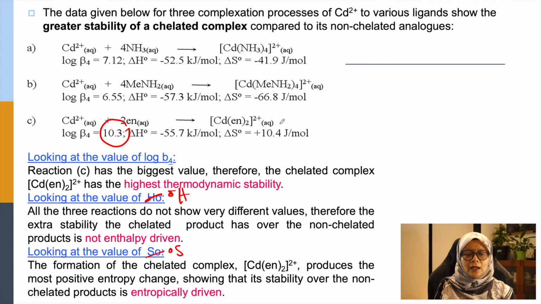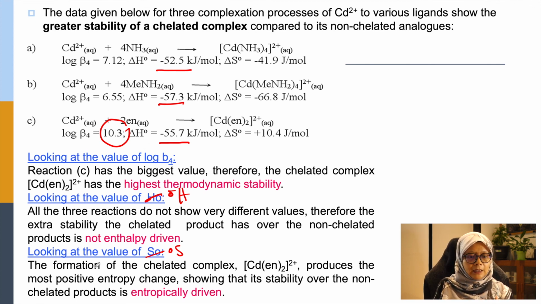But if we look at the delta H of A, B and C, they are almost similar: negative 52.5, negative 57.3 and also negative 55.7. Therefore, as we can see from A, B and C, the extra stability of the chelated product over the non-chelated product is not enthalpy driven.